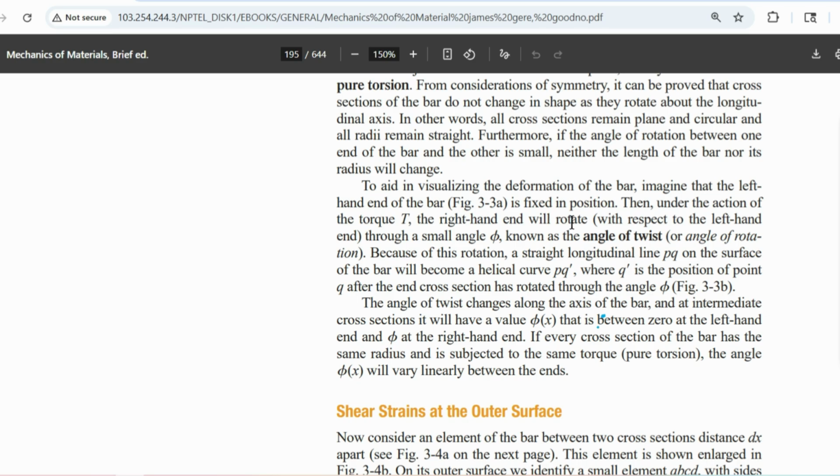The right hand end will rotate with respect to the left hand end through a small angle, and you gotta recognize that all the deformations in material mechanics are very small.